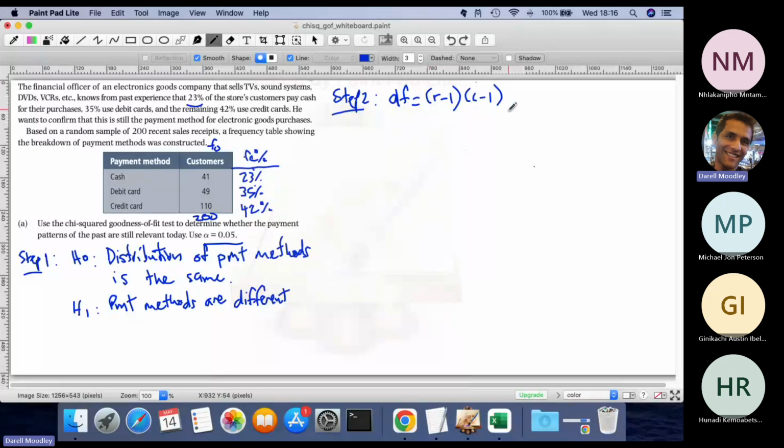Now that's what you use for the test of independence and for the equal proportion test. You don't use it for the goodness of fit test. For the goodness of fit test, use a different formula. You need to use this formula here, which is K, and I'll explain what these symbols mean. K minus M.